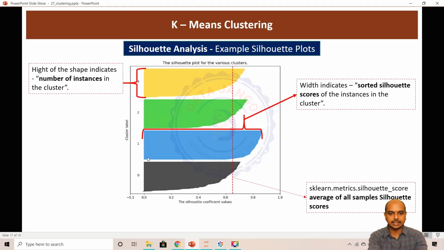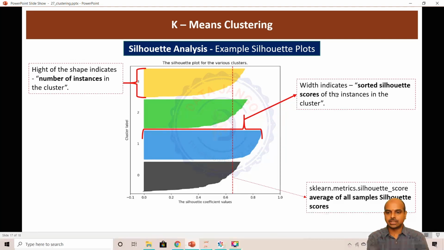The height of the cluster actually shows you the number of data points present in the cluster, and this red line is the average silhouette score. If the knives are penetrating through or coming out of that average score, that means clustering is happening properly.